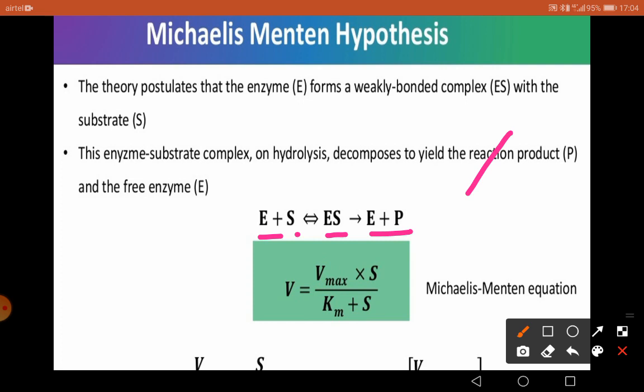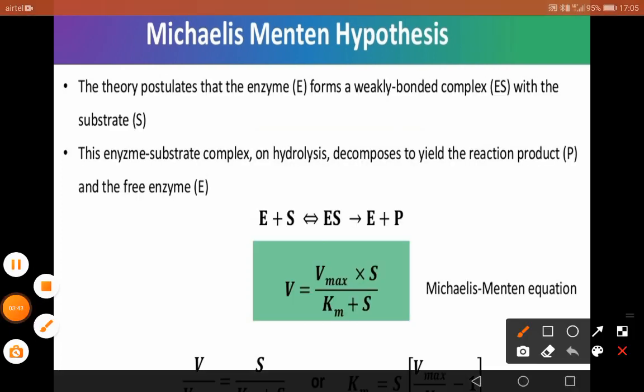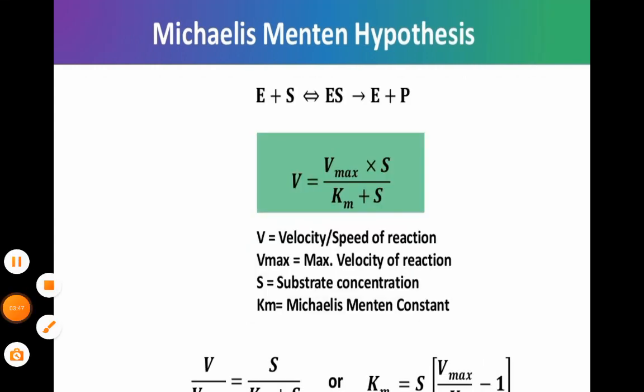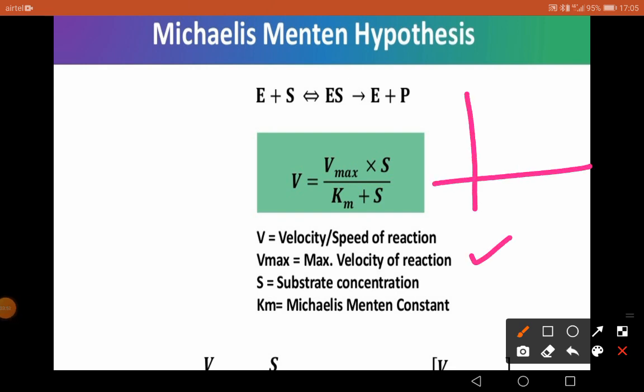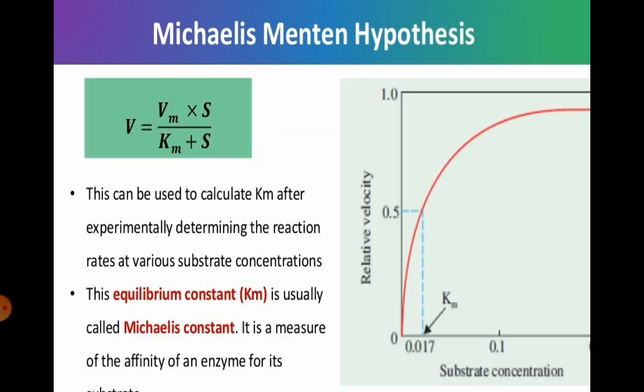And this is the famous Michaelis-Menten equation. The velocity of the enzyme-substrate catalyzed reaction, V, is equal to Vmax times substrate concentration divided by Km plus S. Here V is the velocity or speed of the reaction, Vmax is the maximum velocity of the reaction, S is the concentration of the substrate, and Km is the Michaelis-Menten constant. This equation can be used to calculate Km after experimentally determining the reaction rates at various substrate concentrations.